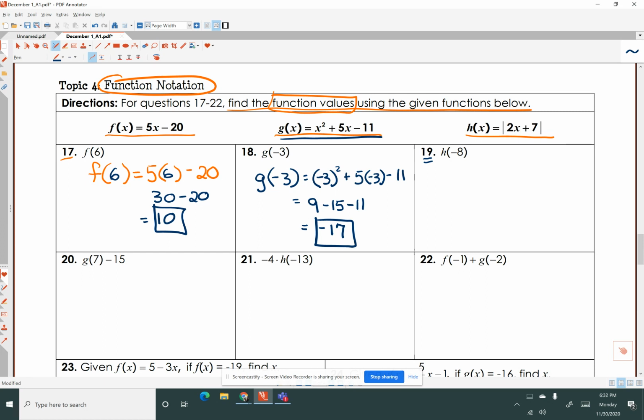Number 19, we are to find h of negative 8. So we've got h, is an absolute value function. So we'll substitute, use parentheses, please.